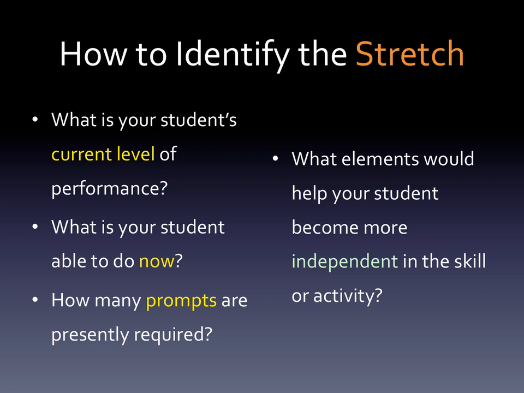I always like to ask myself and the teaching assistants and therapists I'm working with, what aspect would help the student become more independent in this task? This may involve being able to generalize a skill such as greetings to more people in the student's life. This is why we need to look at the current performance and ask, what is the stretch for this person?